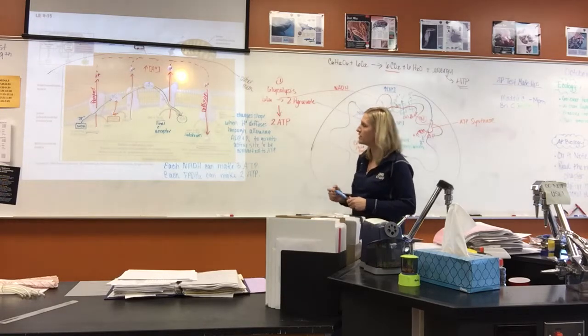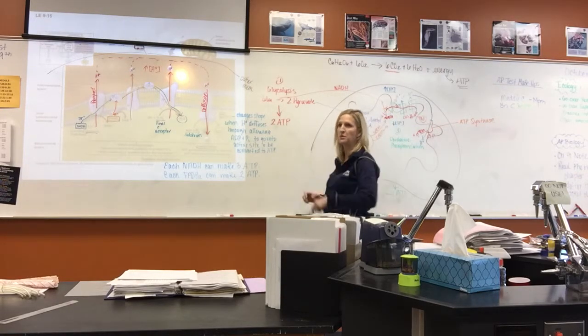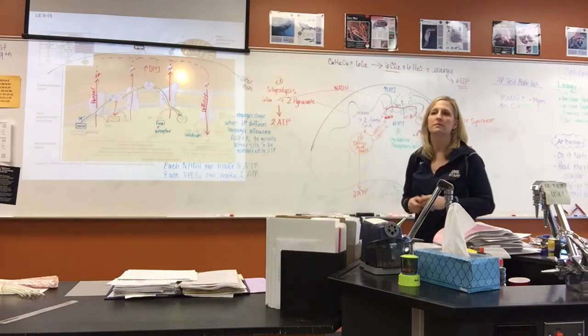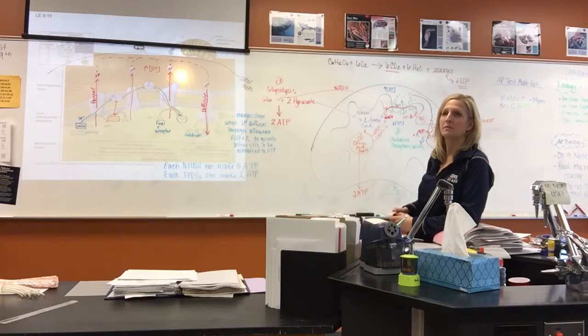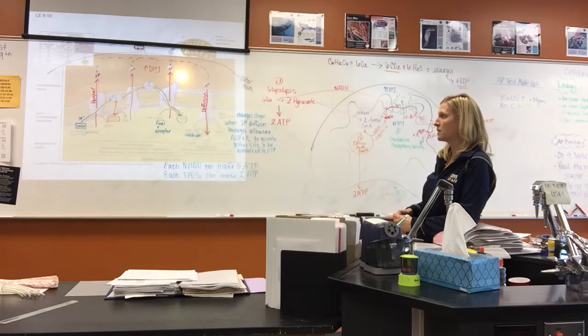The next question I'm going to ask, but you have a question, Roman? You say that each NADH can make 3 ATP and FADH2 can make 2. But can each molecule generate more than 3 ATP?